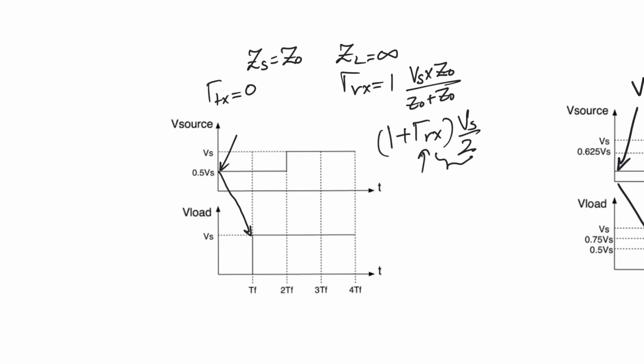So this component reflects back to the transmitter, and at that transmitter we have 1 plus gamma Tx into V incident plus the old value, which gives us a full Vs. And the transmitter is not going to reflect anything because it has a reflection coefficient of 0. And so then the voltage is going to stabilize at Vs at both the transmitter and the receiver, which means that the best thing you can do is match the source to the transmission line.